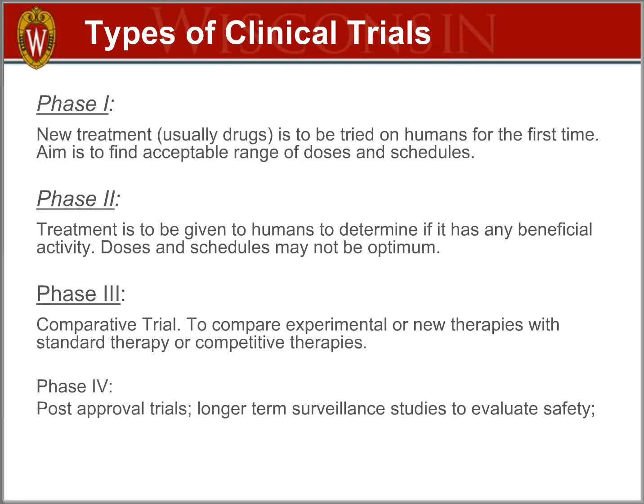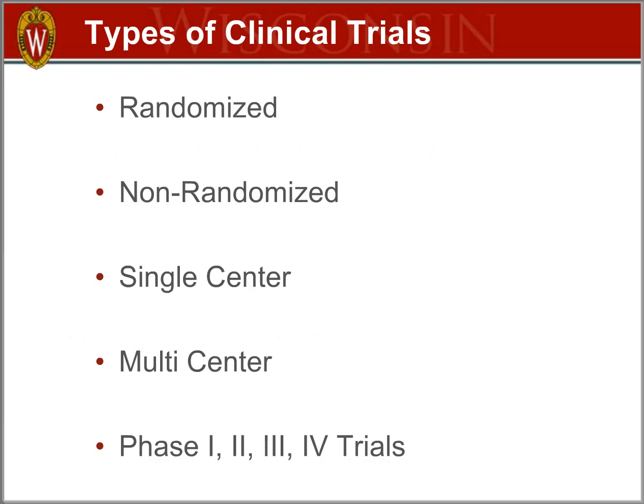And so much work needs to go into the phase 4 trial because the current standards are not all that adequate for the needs. We talk about randomized trials, non-randomized trials, single-center trials, multi-center trials, and different phases. So there's lots of language that you have to pay attention to as you read the literature as to exactly what kind of a trial we are looking at.